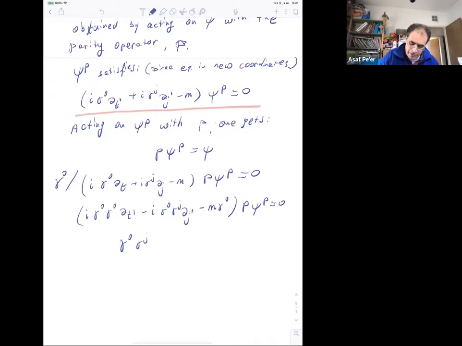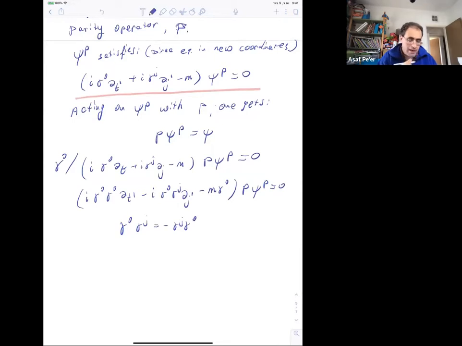Gamma^0 gamma^j is minus gamma^j gamma^0. To write this down as i gamma^0 d_t' plus i gamma^j d_j' minus m gamma^0 P psi_p equal to 0.